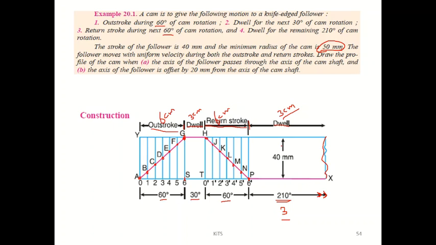Students, I forgot to tell one thing. The stroke of the follower is this height, 4 centimeter. I think in the starting I told 50 centimeter, sorry, this is 40 mm. The stroke of the follower is 40 mm, means this height is 40 mm. That means 4 centimeter. Now the radius is 50 mm.